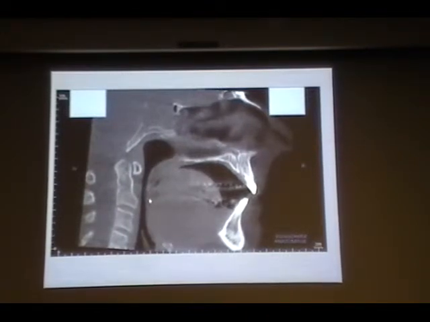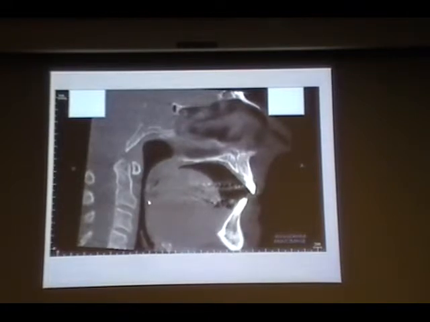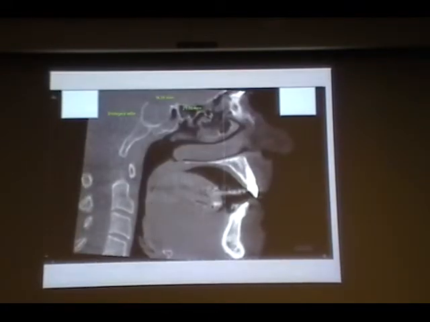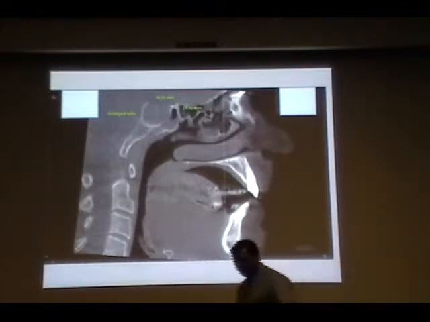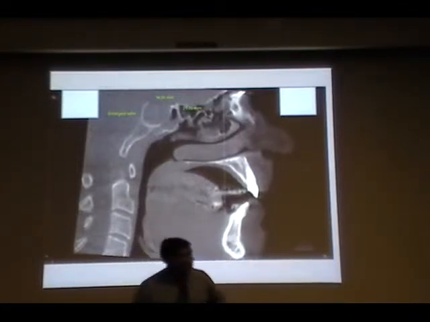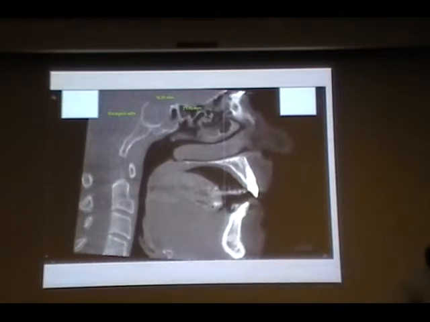The most important thing here is, look at this particular image. What do you see as the difference between the earlier image and this image? There's a bigger glossopharyngeal space. The incisive canal is not as clear. Okay?